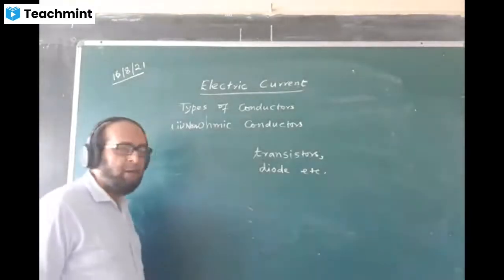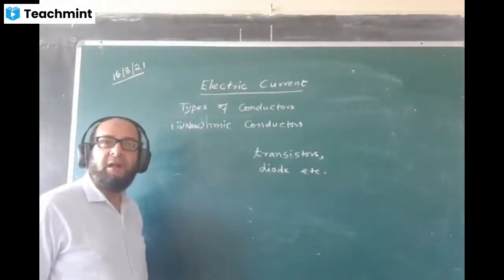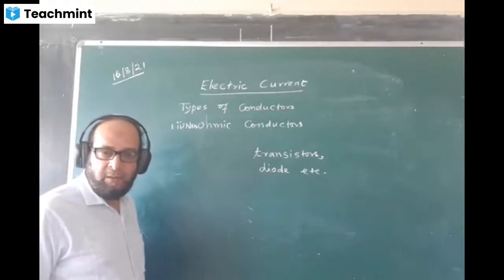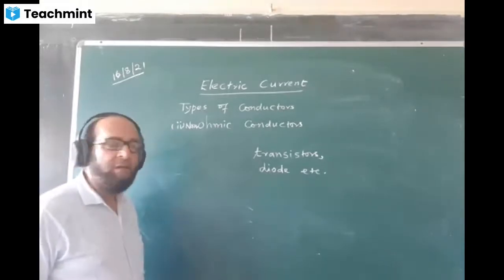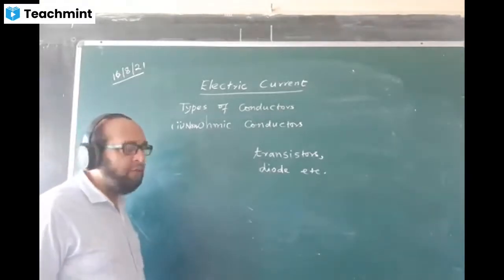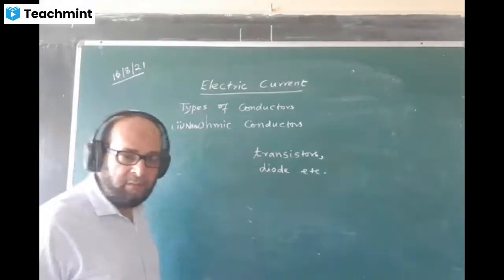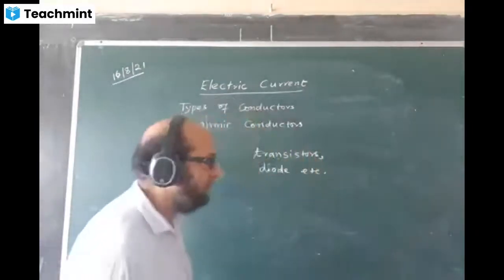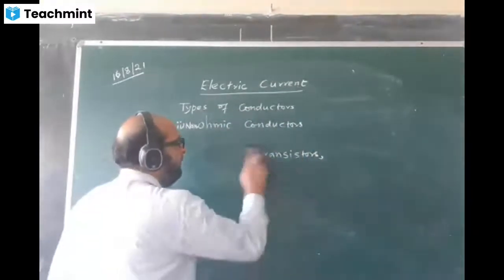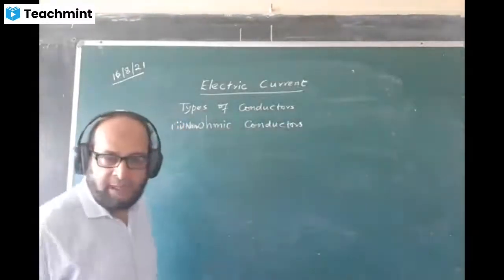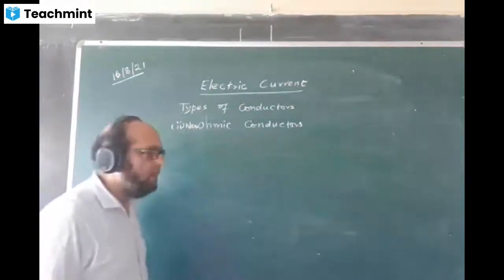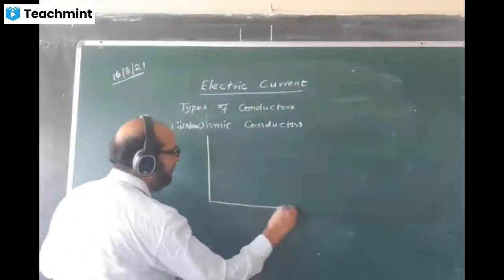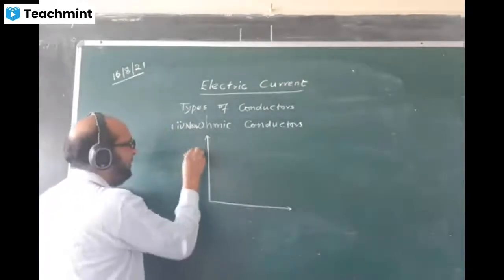Diode, etc. Now write down the VI graph, the voltage current graph for non-ohmic conductors, is as follows. V here and I here.